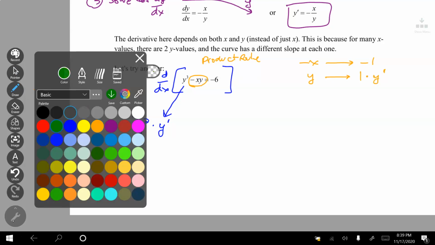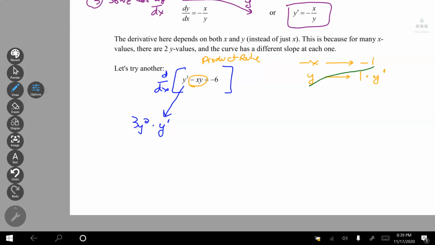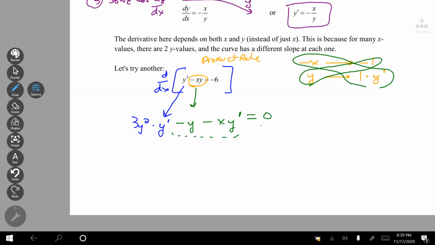Okay, so when I do my crisscross, I do this way first, and I'm going to get minus 1y, and when I do this way, I'm going to get minus 1xy prime. Okay, so these two things together in green is the product rule of the function negative xy, and then obviously the derivative of negative 6 is 0.